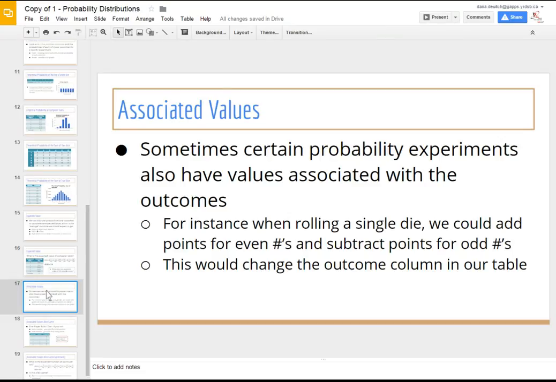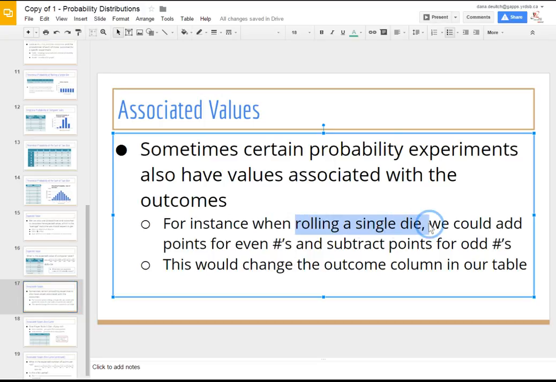Now, some experiments have certain values associated with the outcomes. So, for example, when rolling a single die, we can assign points for the different rolls. Maybe when we roll an even number, we'll add points, and if I roll an odd number, I'll subtract points.